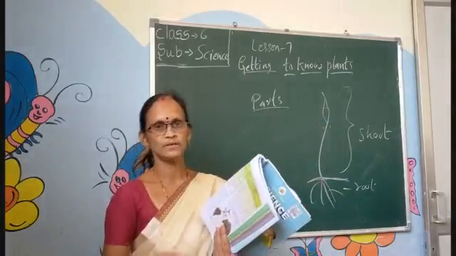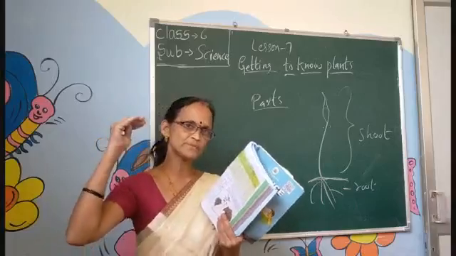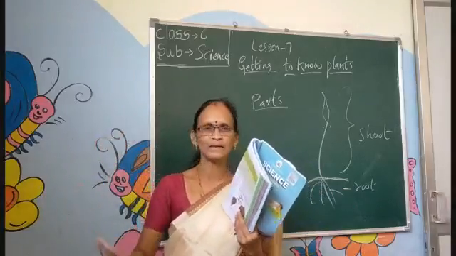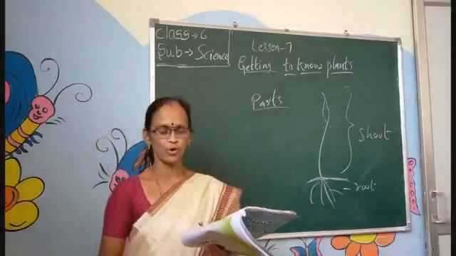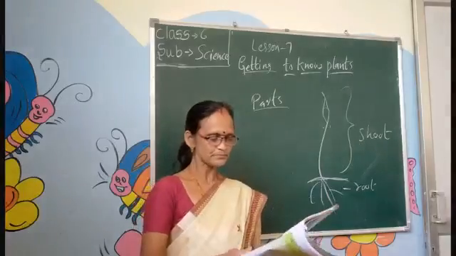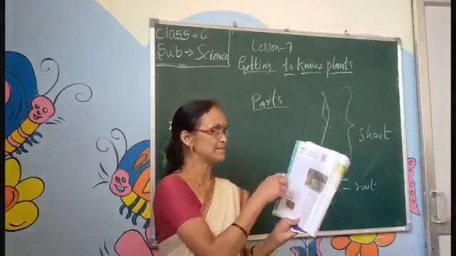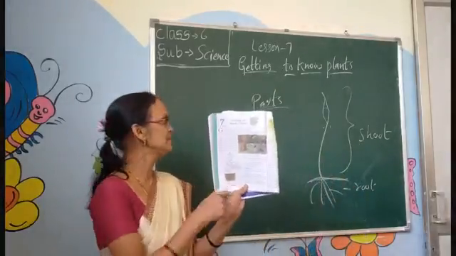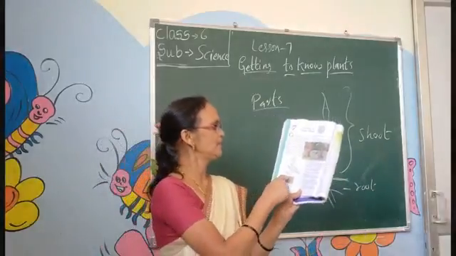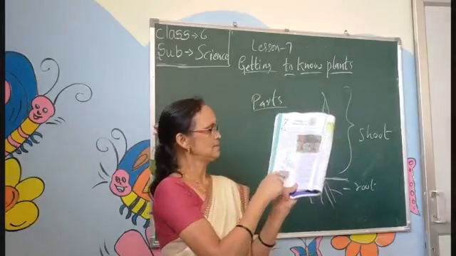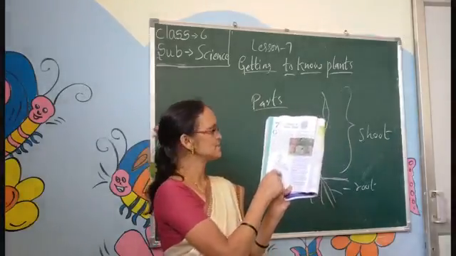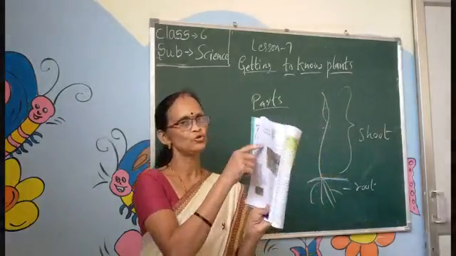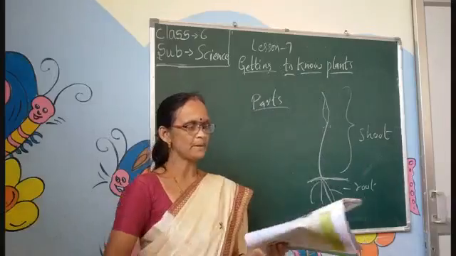If you study small plants, big plants, very small plants and patch-like plants, what are the different parts and what are they called? This is your homework. Label these parts of the plant: this is the root, this is the shoot, here there are branches, this is the stem, small stems are there.